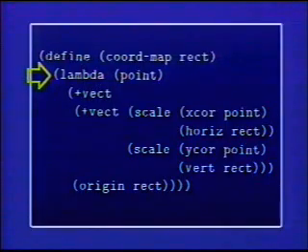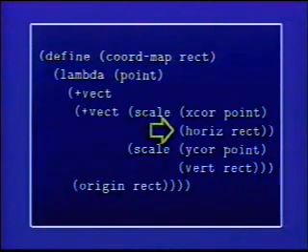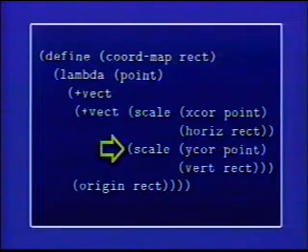And how do you get it? Well, writing in Lisp what I wrote on the blackboard, I add to the origin of the rectangle the result of adding: I take the horizontal part of the rectangle and scale it by the x-coordinate of the point, I take the vertical vector of the rectangle and scale it by the y-coordinate of the point, and then add all those three things up.